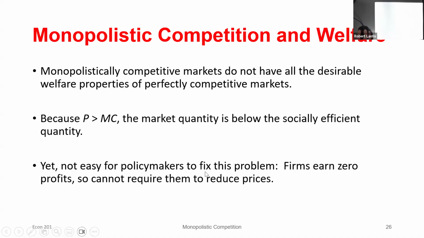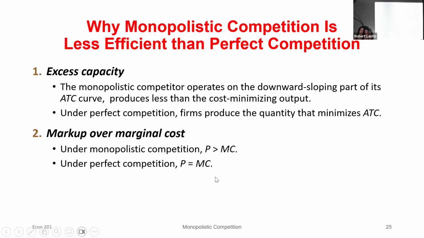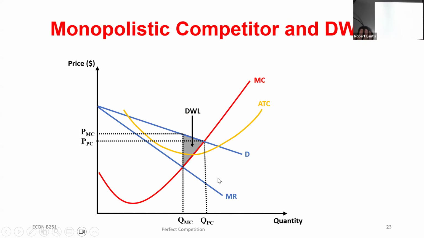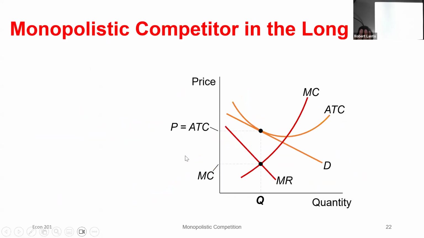The problem is it's hard for the government to regulate these markets, because if the firms are already earning zero profits at the current price they're setting, and the government comes in and tries to put in a price ceiling, right? Well, if I tried to put a price ceiling where I was at the minimum point of the average total cost, what's true about that price?